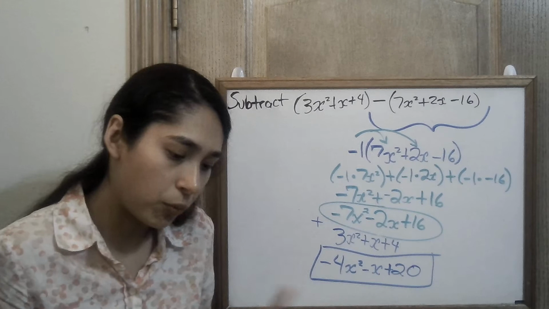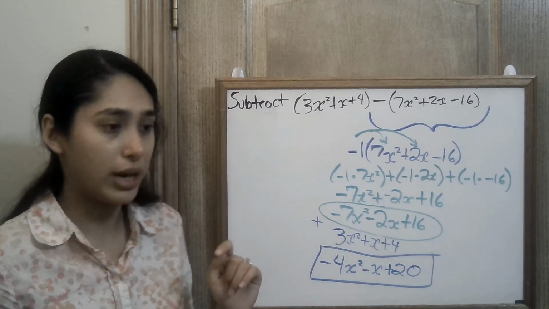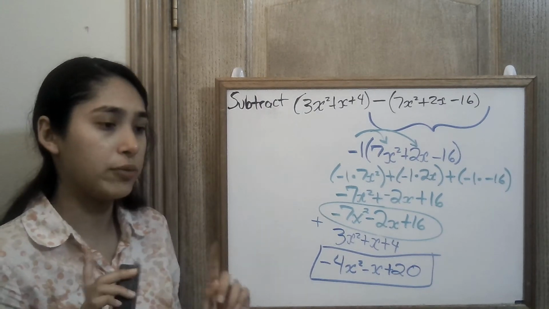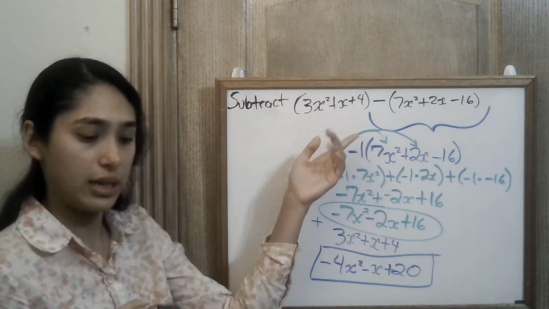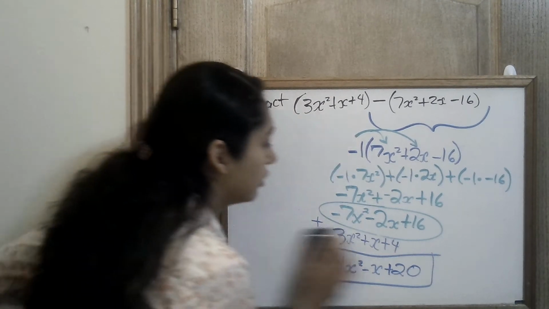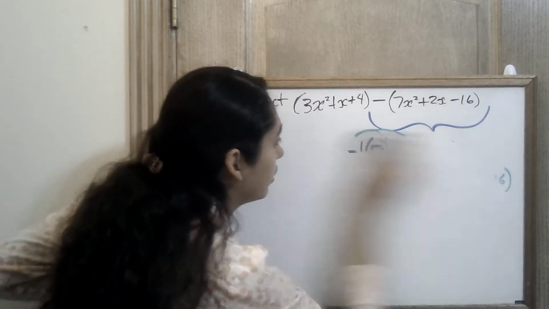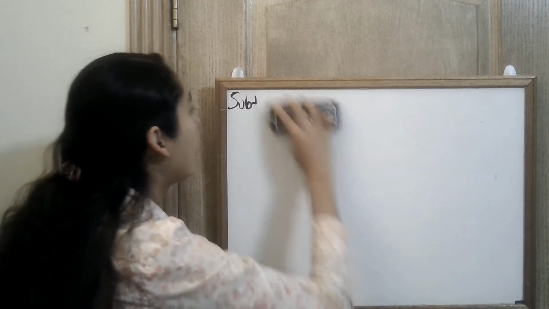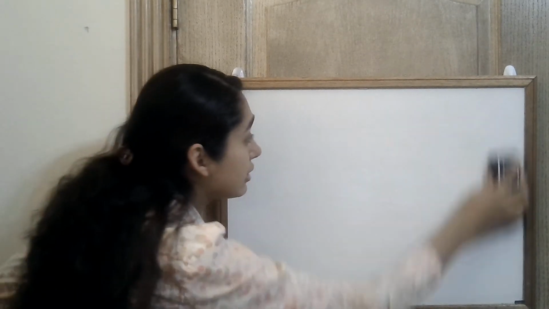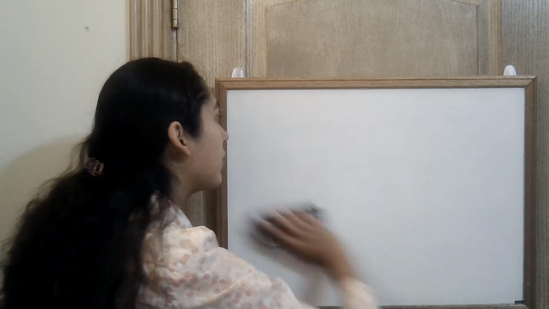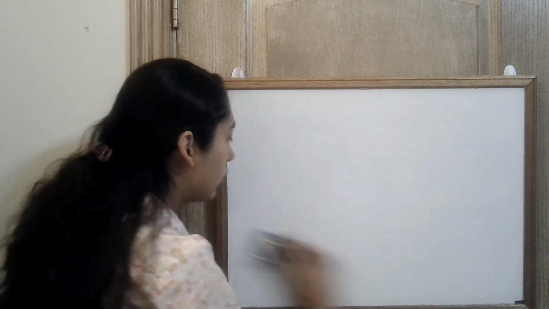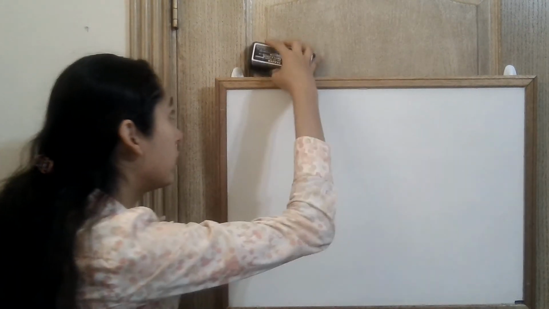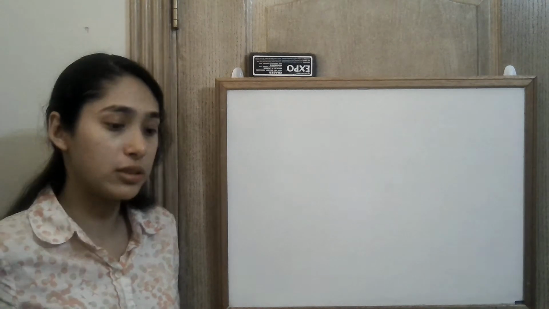Let's do one more example when we're subtracting polynomials with one variable, being, in this case, x. Now, it might not always be x, it might be y, it might be some letter, or some other placeholder symbol. It doesn't matter. A variable is a variable.